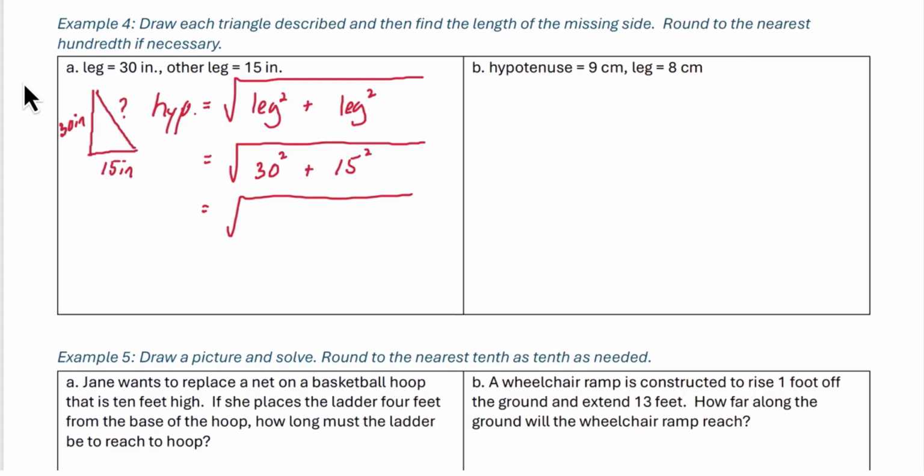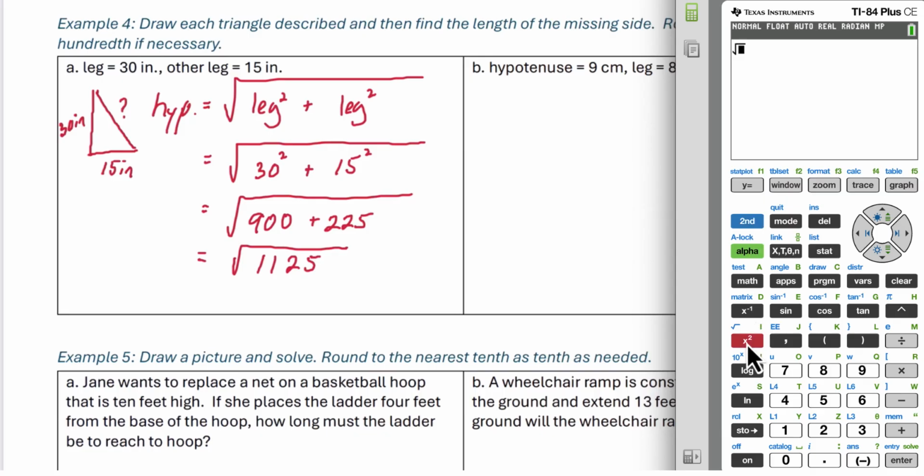30 squared, 30 times 30 is 900. 15 squared, or 15 times 15, is 225. Then we add those, and we get 1,125. We'll need to use the calculator here to approximate that.